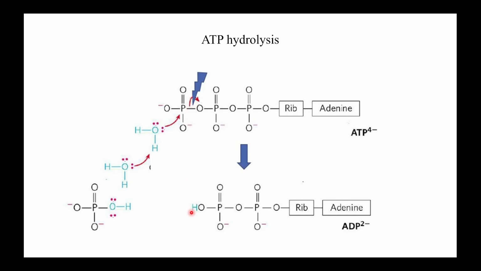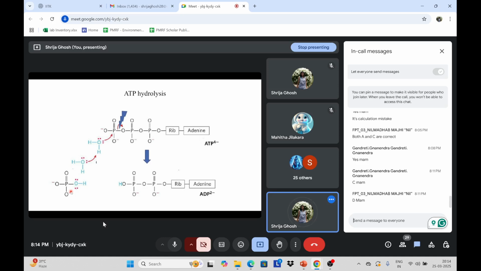When this bond breaks, one hydrogen of the water molecule gets attached to this oxygen, and the remaining OH gets attached to the phosphate that is released. So this is the inorganic phosphate and this is the ADP. From ATP, we are getting ADP and an inorganic phosphate. This is clear? Is this clear to everyone?